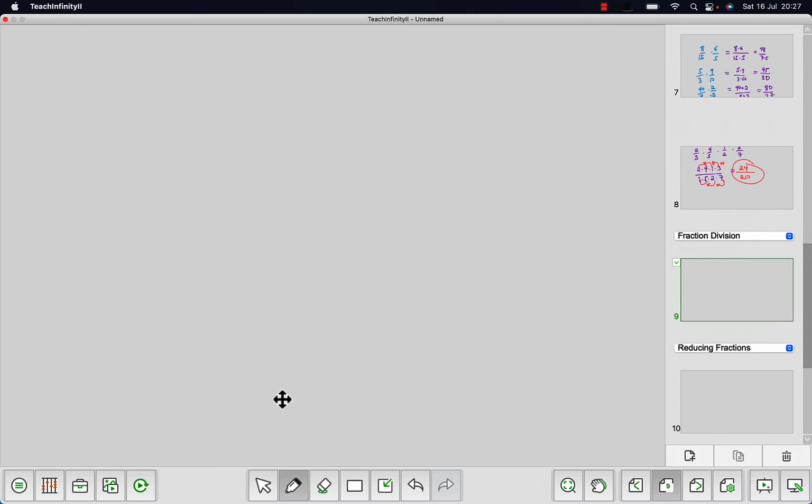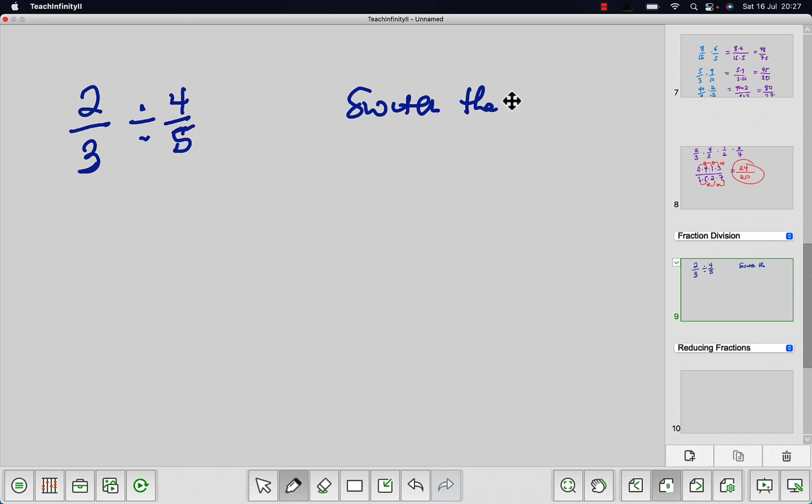So our first example goes as this: 2 over 3 divided by 4 over 5. Okay, so what is the first step? Switch the second fraction. This is my first fraction, 2 over 3.